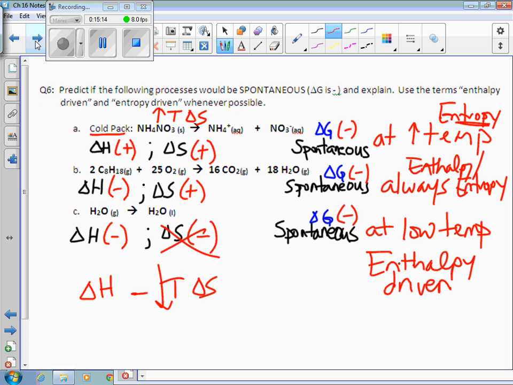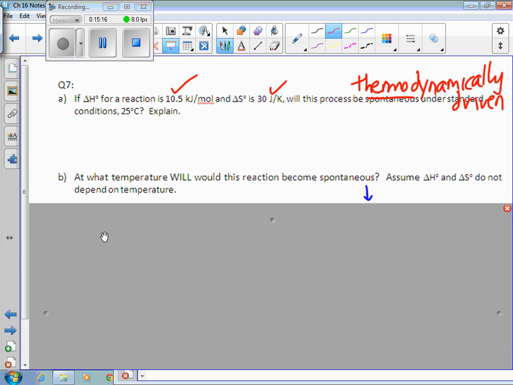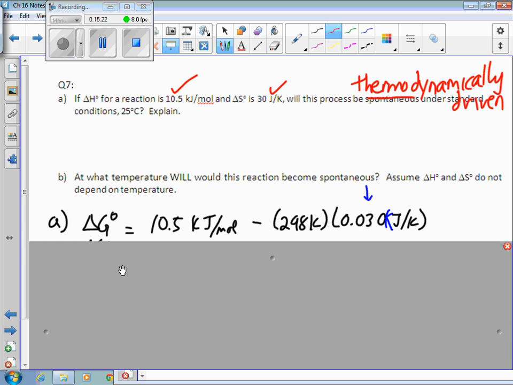Okay, so going back to that little problem right here. Basically you're solving for that classic delta G formula, and it looks something like that. So you know the delta H, and you also know the entropy. Be careful, units can kill you here. Delta H is typically given in kilojoules per mole, but entropy values are typically given in joules per Kelvin.